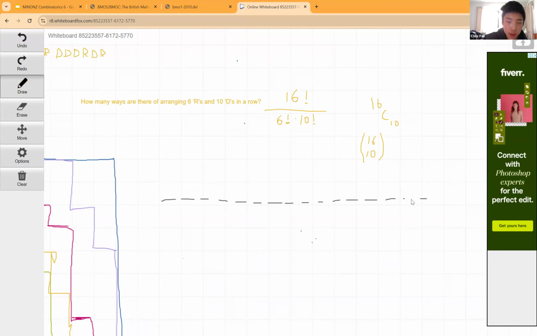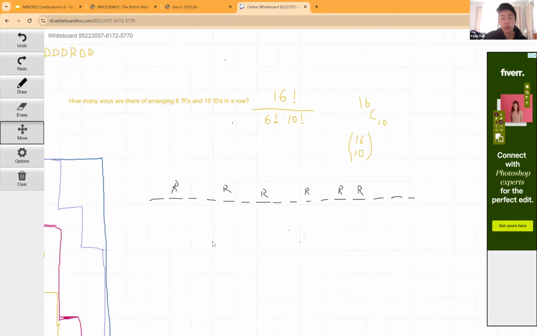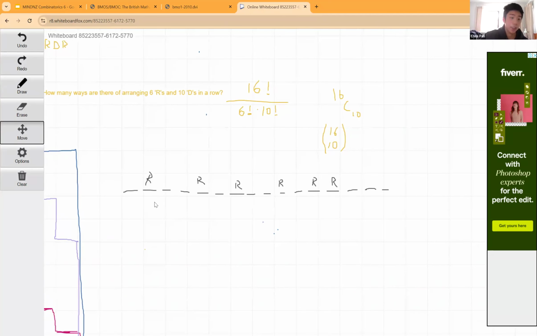I'll randomly place 6 Rs, and the remaining spots I'll fill out as Ds. So the problem is equivalent to choosing 6 of these 16 spots to put 6 Rs.